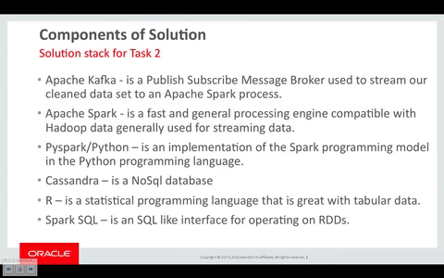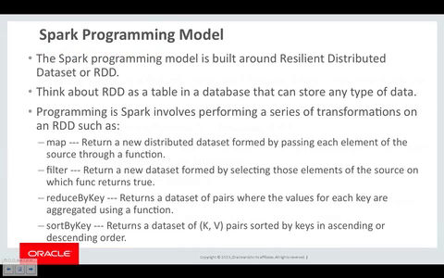This is a description of the components in the system: Kafka for message broker, Spark for streaming and real-time processing, PySpark, an implementation of the Spark programming model, Cassandra, a NoSQL database, R, a statistical programming language, and Spark SQL, a SQL interface for operating on RDDs.